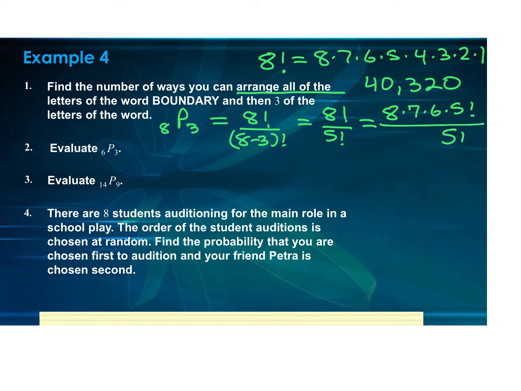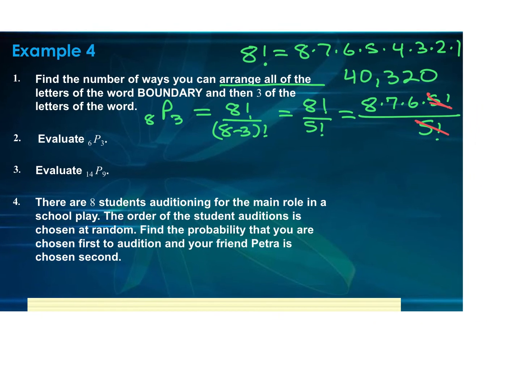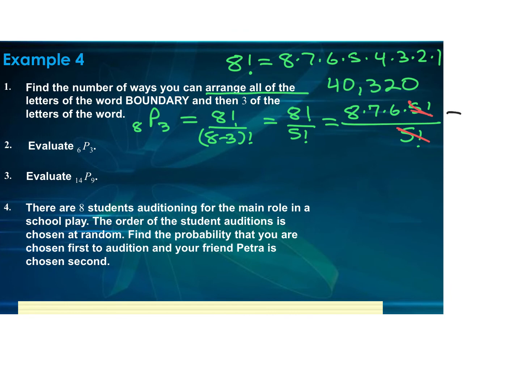So that way I can just cancel the 5s. And now I'm just left with multiplying 8 times 7, which is 56, times 6. And my final answer here is 336 different ways to rearrange 3 letters of the word boundary.